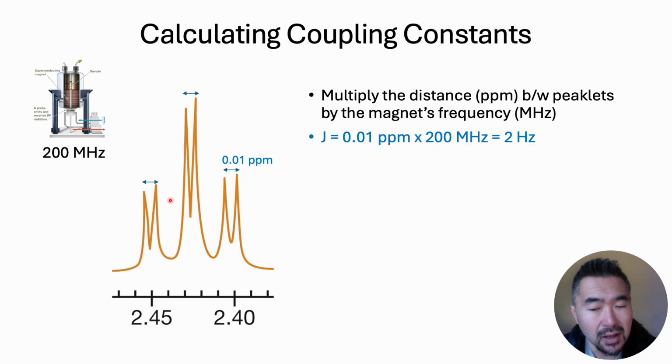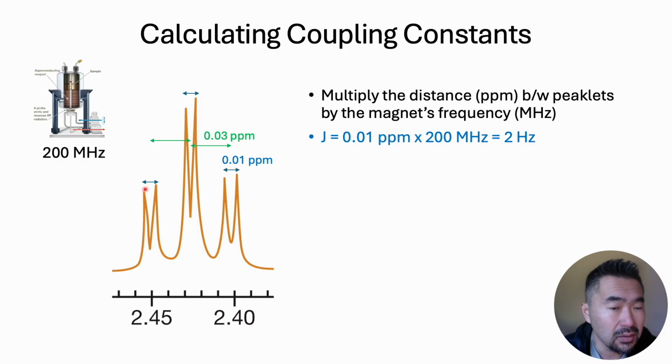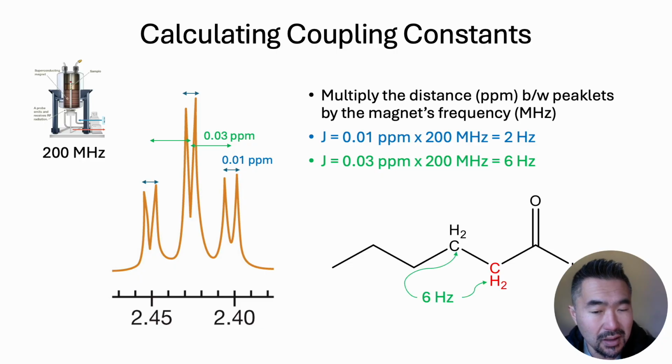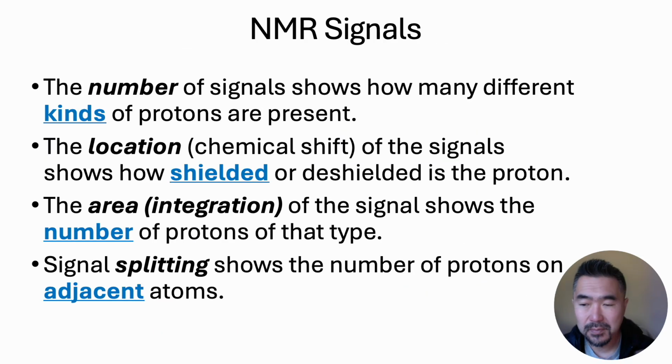This spectrum happens to have been taken on a 200 megahertz NMR, so you'd multiply the ppm by the megahertz to get the split distance, which is 2 hertz. So in other words, this is a 2 hertz coupling constant. Now, this coupling constant that split it into a triplet is about 0.03 ppm split, which you multiply by 200 megahertz, which is about 6 hertz, which tells us that this coupling constant is 6 hertz and this coupling constant is 2 hertz. And now we've covered all of these, okay?